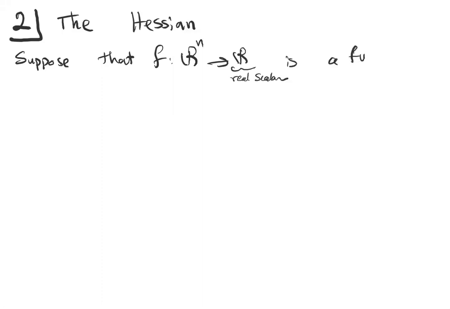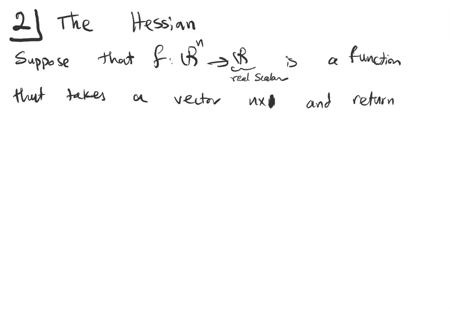It is a function that takes a vector which is n by 1 and returns a real number.